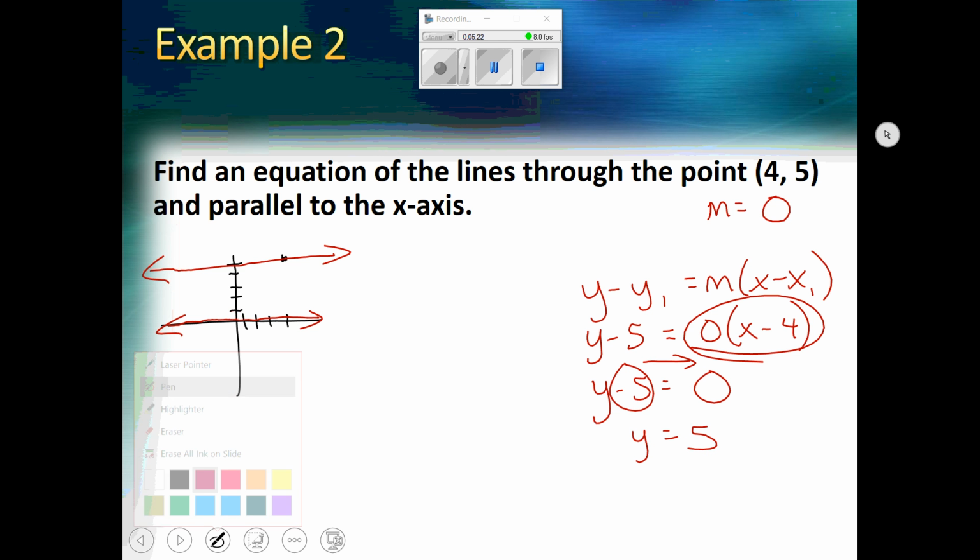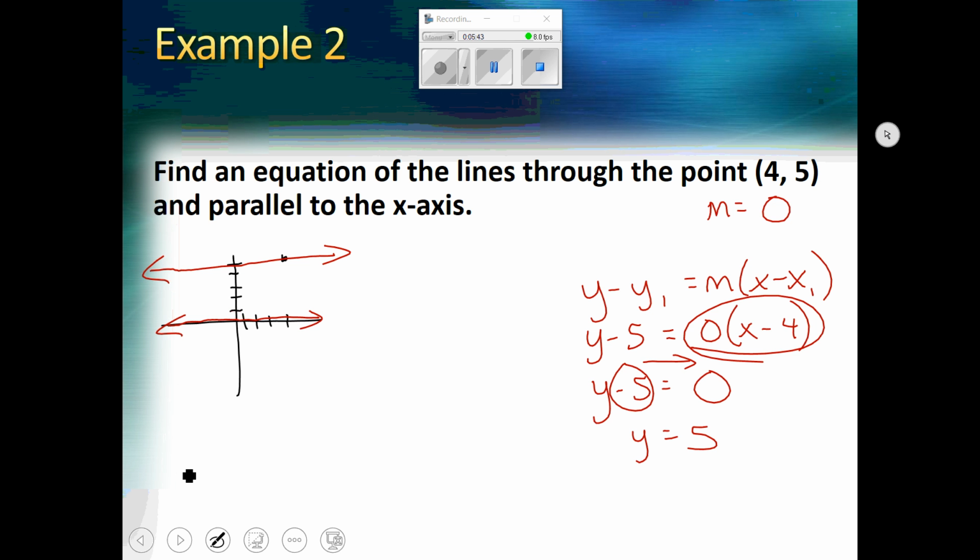Another way to look at this, I told you the other day that horizontal and vertical lines, they're the weird ones. You can plug in 0 to an equation, but if this were undefined, if it was parallel to the y-axis, you wouldn't be able to do this one by a formula. You would have to just use the graph and know the equation.